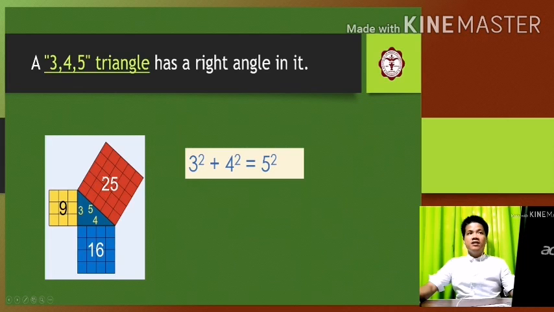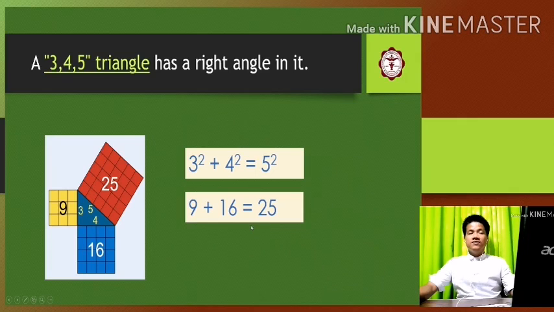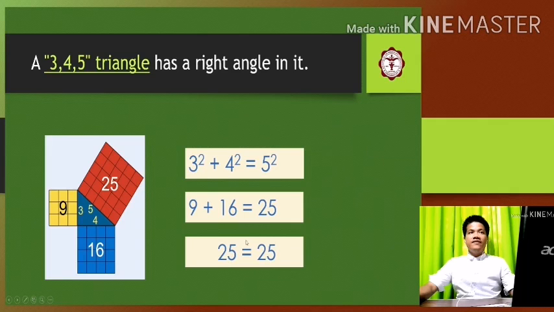So by using the Pythagorean equation, we will use 3, 4, and 5 as sides a, b, and c. So we will have 3 squared plus 4 squared is equal to 5 squared. Simplifying, we will have 9 plus 16 is equal to 25, and that's 25 is equal to 25.